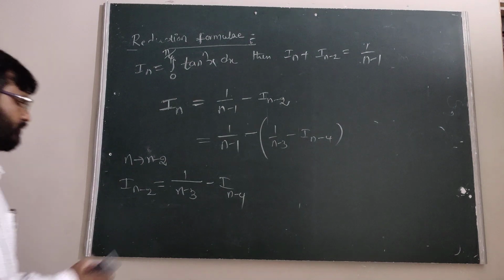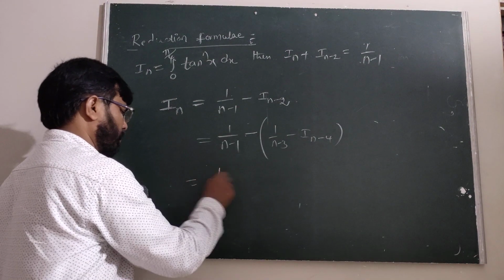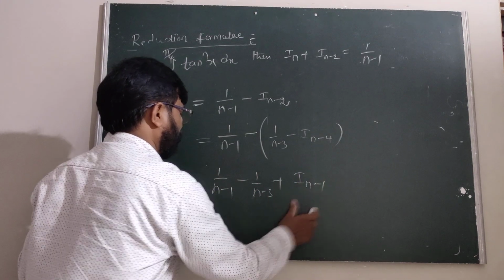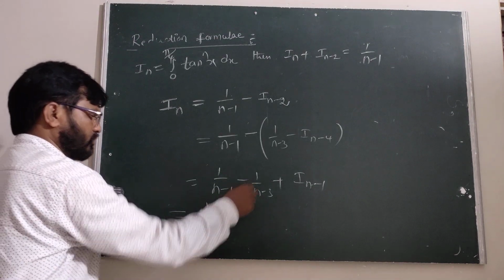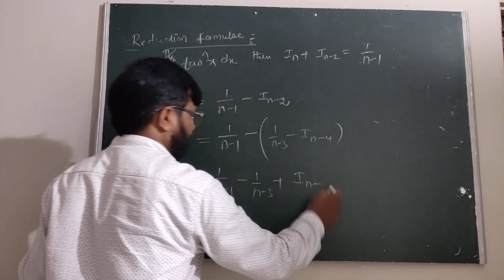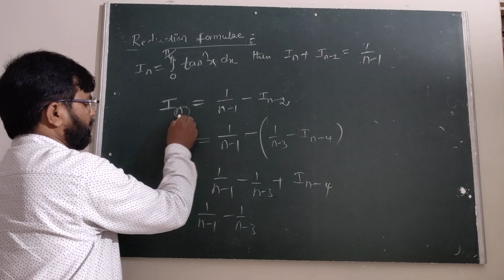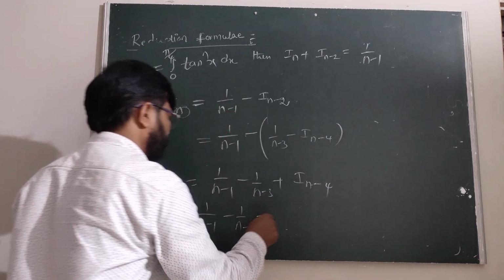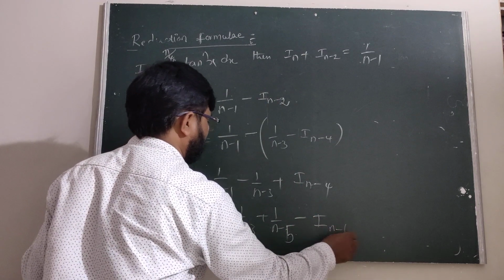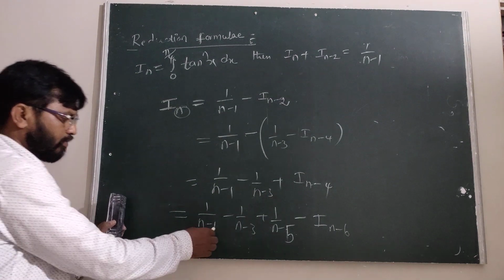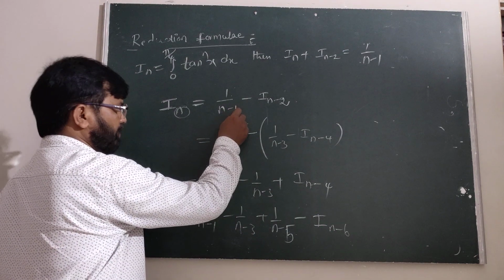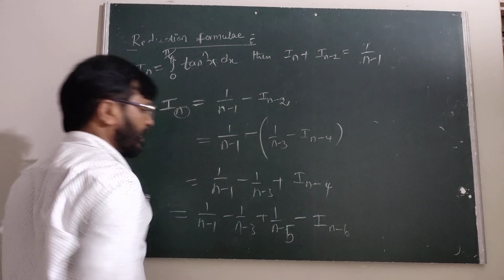Now we can write this as 1 upon n minus 1 minus 1 upon n minus 3 plus I_(n-4). Now we are substituting, replacing n by n minus 4, which gives n minus 4 minus 1, which is n minus 5, minus I_(n-6). Is it clear? Therefore 1 upon n minus 1, 1 upon n minus 3, plus 1 upon n minus 5, and then n minus 7, minus I_(n-8).